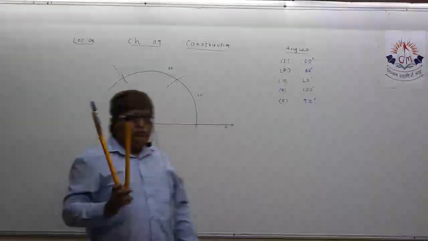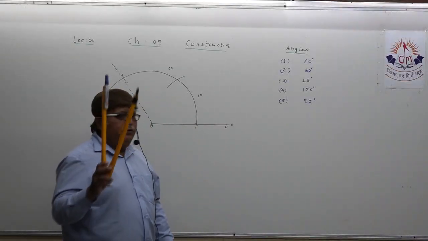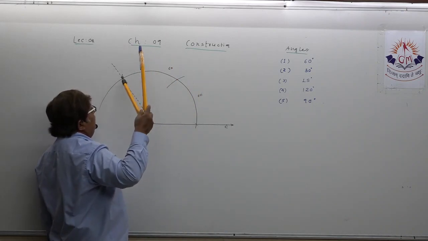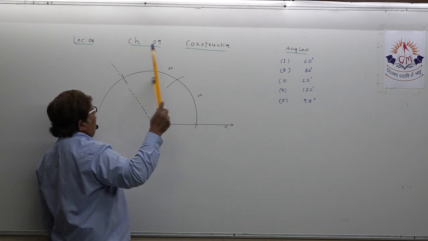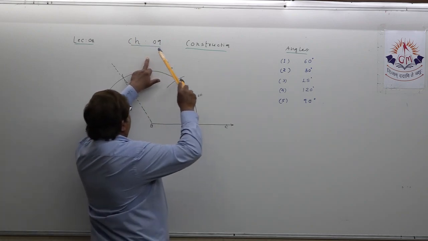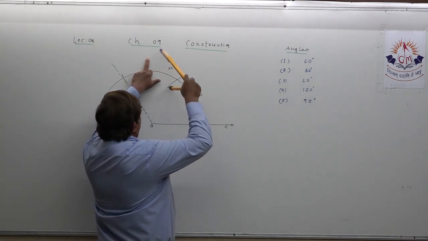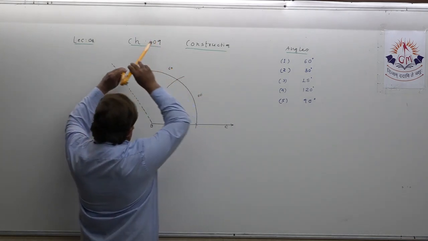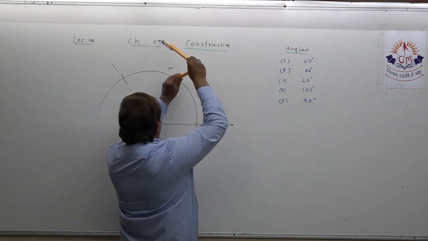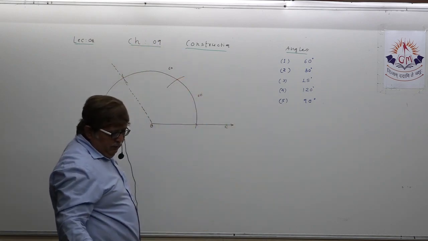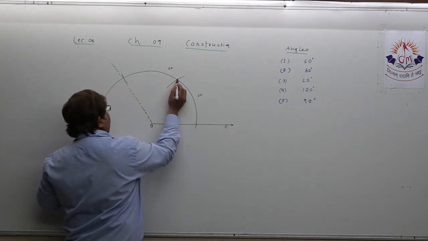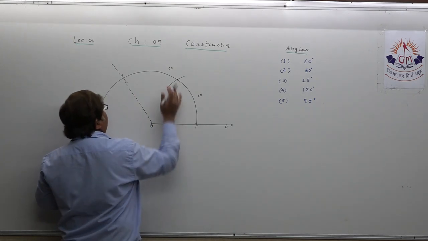You understood from where you have to draw the arc? One from 60, one from 120, one from here and one from here. Both the arc has to be here, one from here 60 degree and one from here 120, this way. One arc centering compass here, radius same.